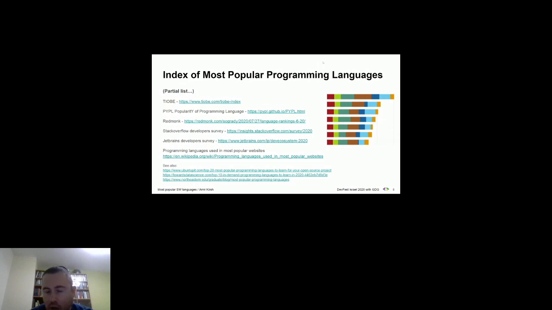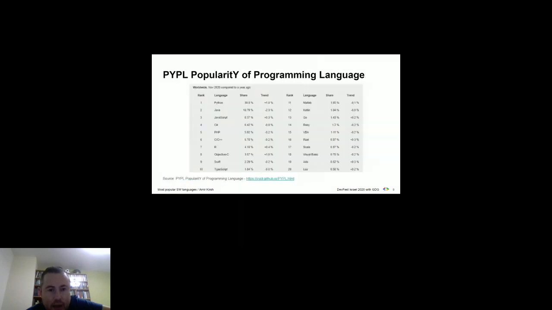Now, how can they measure the popularity? What are the tools or the things that you should put inside when measuring popularity? So one thing that can be done is discussion in Stack Overflow or trends in Google.